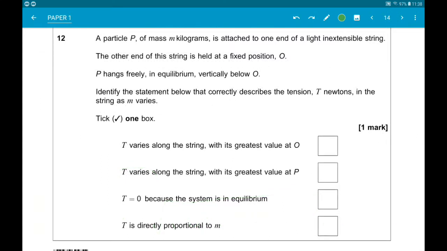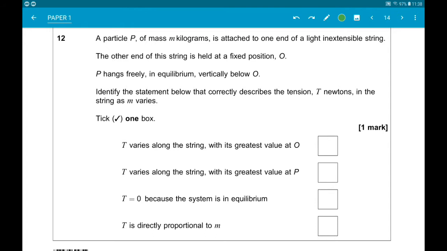Question number 12, a particle P of mass m kilograms is attached to one end of a light inextensible string. The other end of the string is held at fixed position O. We are told P hangs freely vertically below O. Basically, tick the correct statement.